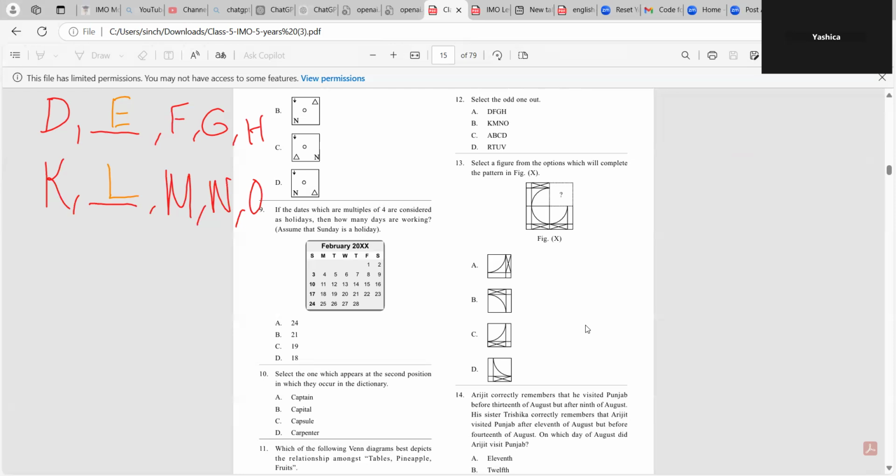One letter is missing in the second place.